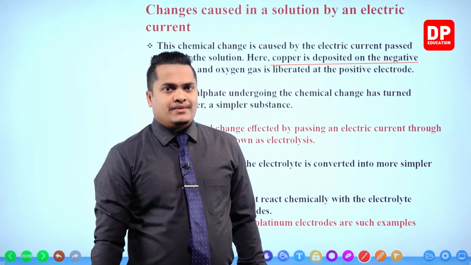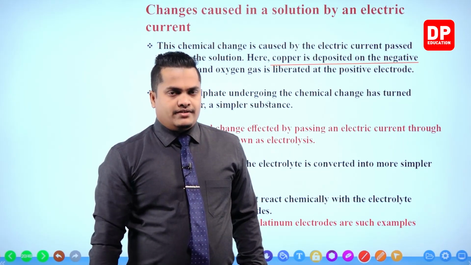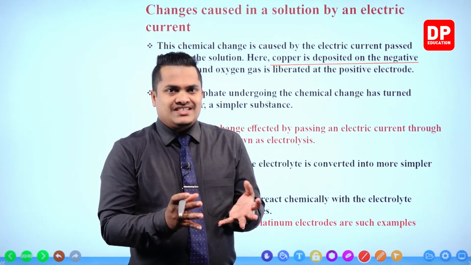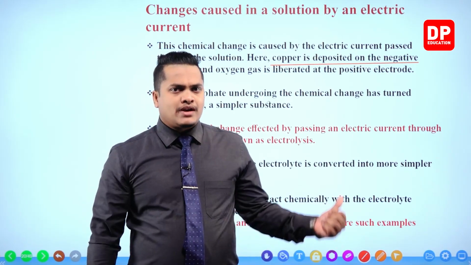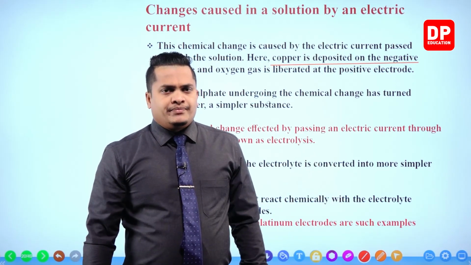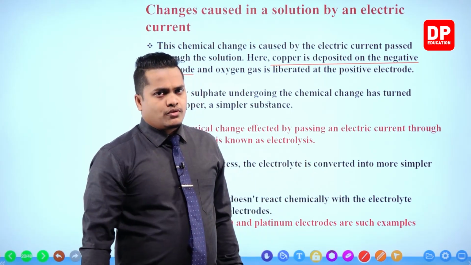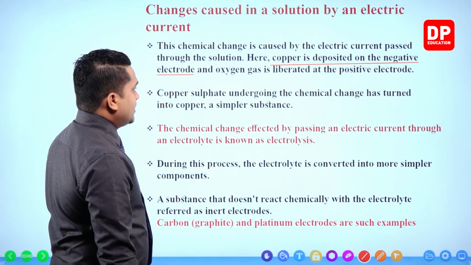How can you say that? By using that reddish brown color. Reddish brown color is unique to copper. So copper is the one which is getting deposited on the negative terminal.